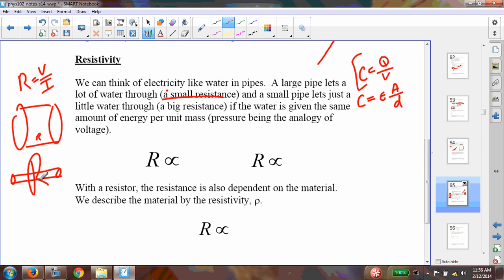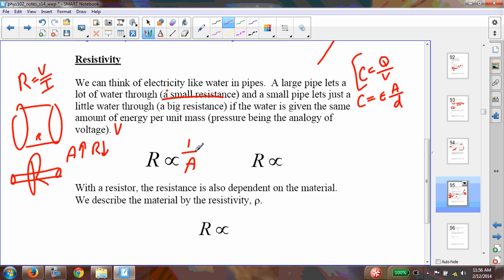If you're given the same amount of energy per unit mass, which is analogous to our voltage, then if area increases, resistance decreases.